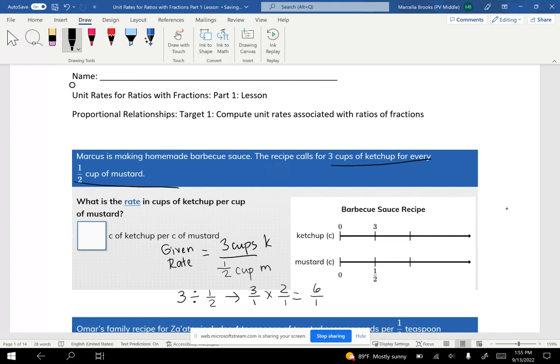So 3 was on top, right, when we got it? So that's ketchup. So 6 cups of ketchup is on top. Oops, cups of ketchup. For every 1 cup of mustard.